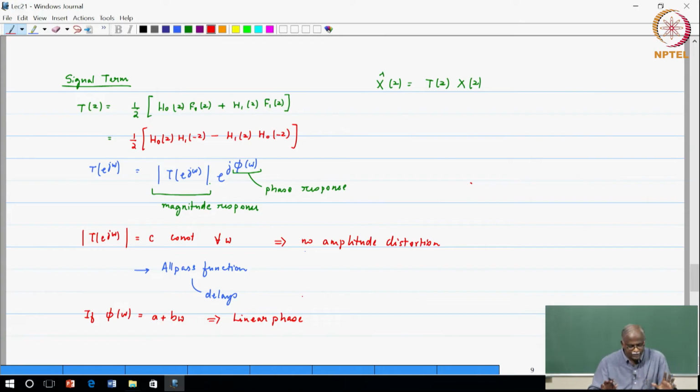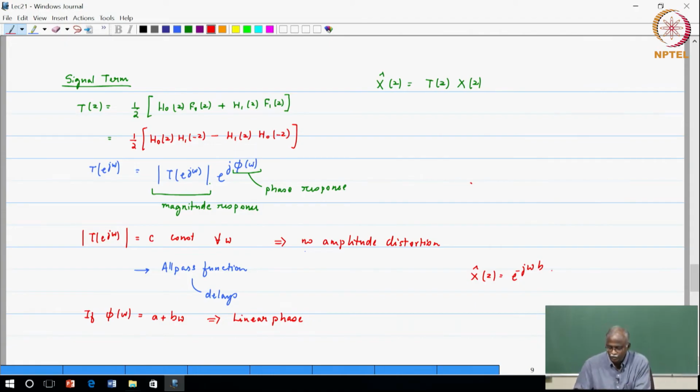A linear phase transfer function is perfectly acceptable to us. Why? Because that tells us that x hat of z is equal to e power minus j omega. If you look at this one, I am just setting a equal to 0 for now, because if a is non-zero it is just a complex scale factor.